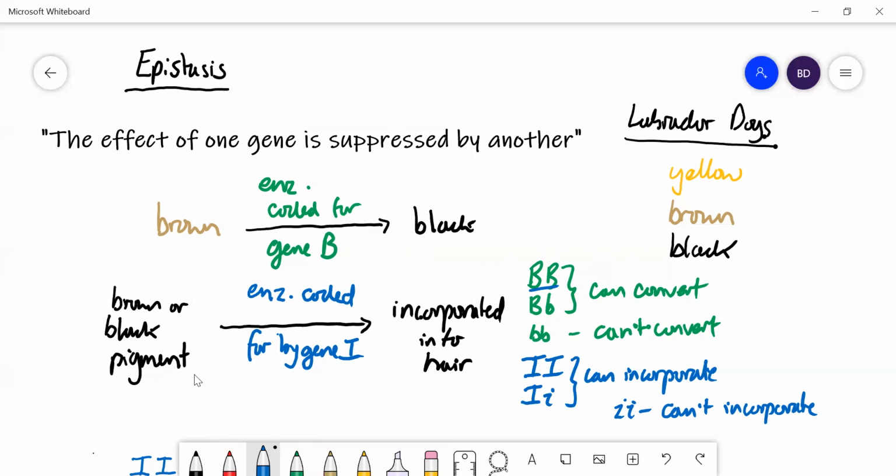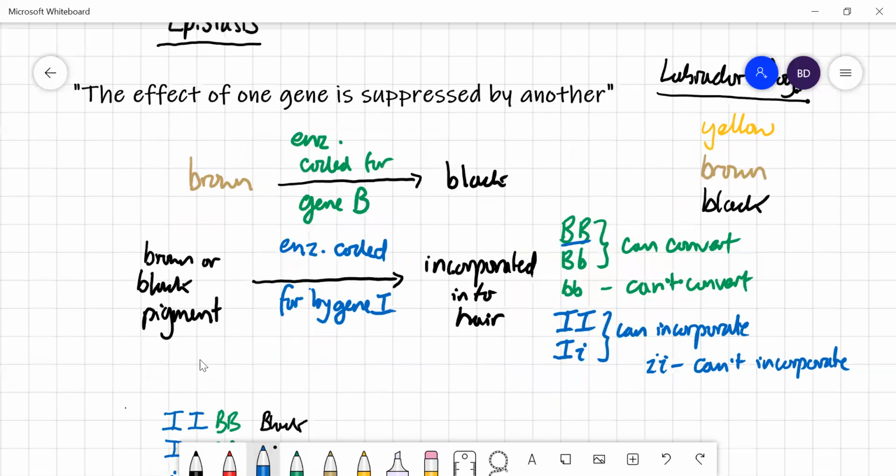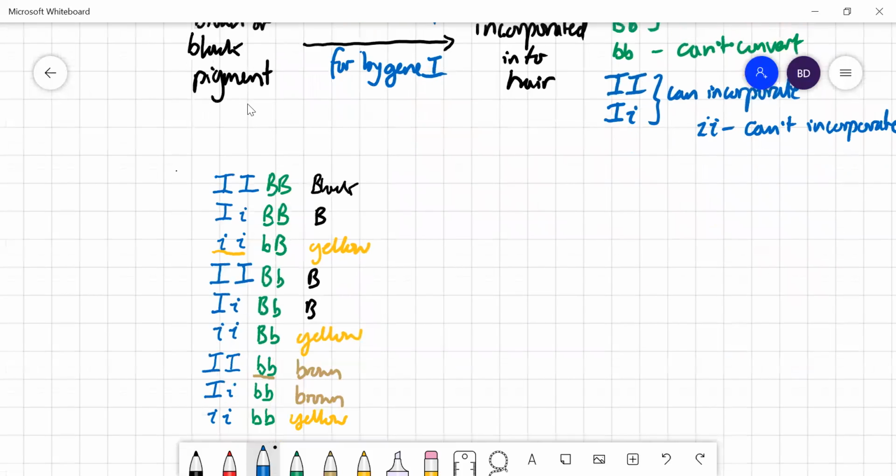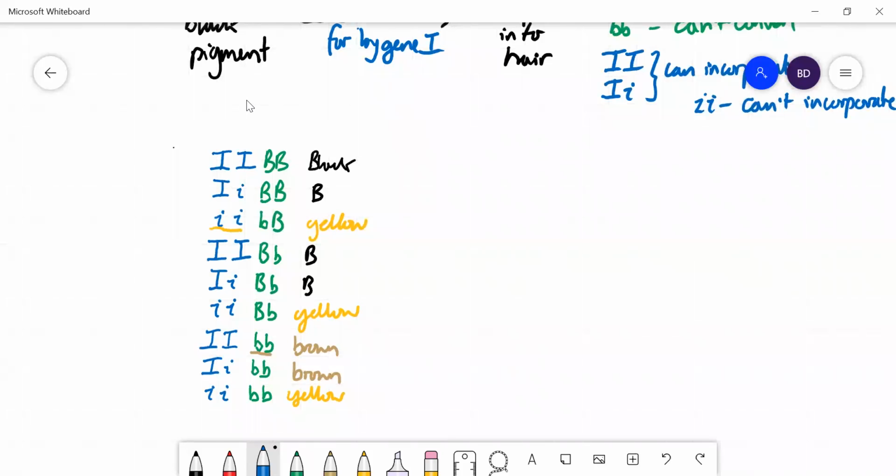So if we make a list of all the possible genotypes you can get from those two different genes, and they are here, we can see that in order for the dog to be yellow, it's got to have that phenotype. So that's our yellow ones.